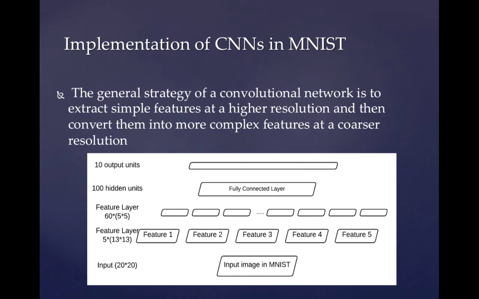Let's talk about the implementation of the CNN in MNIST. It is proposed by Microsoft, a very simple CNN implementation, and the general strategy of the convolutional network is to extract the simple features at the higher resolution and then convert them into more complex features.